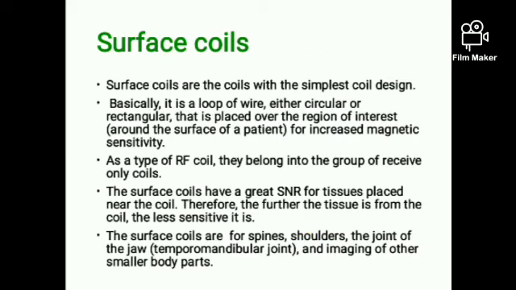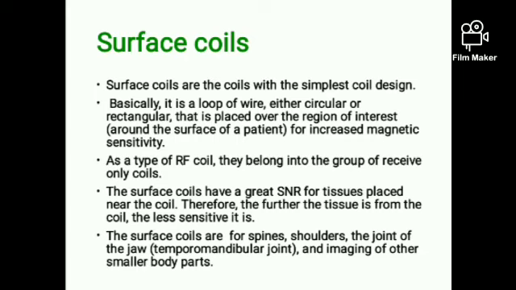Next is surface coil. So by the name you can understand, it will be placed in contact to the surface, and these coils are somewhat simple in design compared to our volume coil. Also surface coils are light and volume coils are heavier.